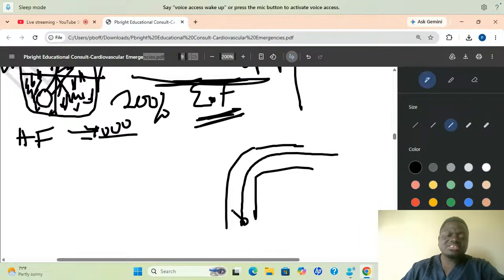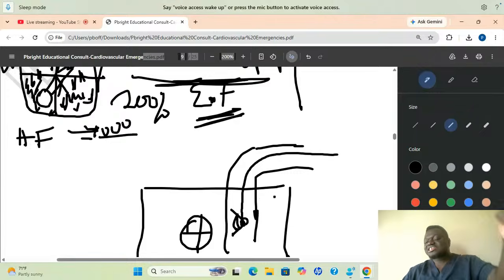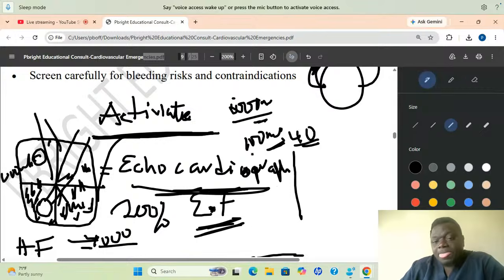This echo has a torchlight and a scanner here. So it will scan down in your esophagus. This is your heart. They will view everything. So we call it transesophageal echocardiography, and that one works far better than this.